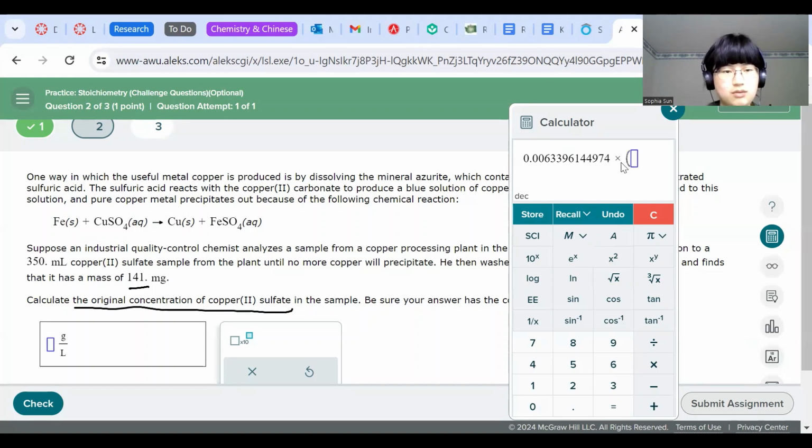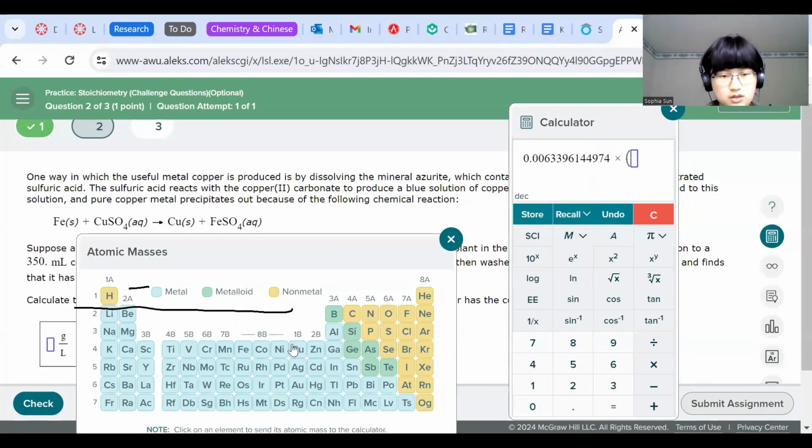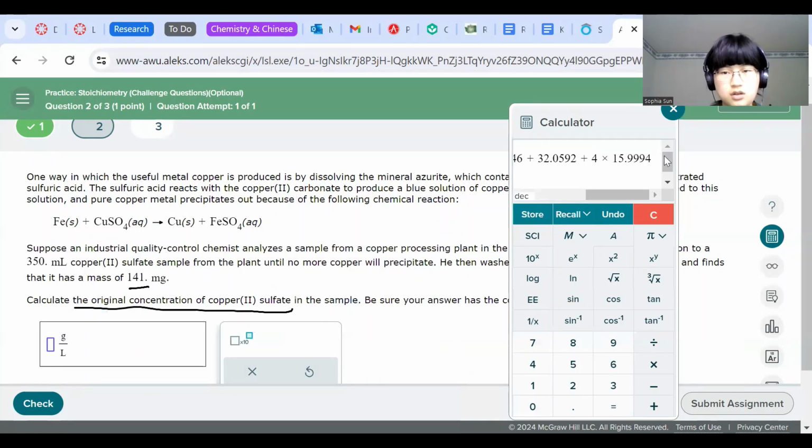But since we do have to multiply by the molar mass of copper sulfate, it's going to be different. You set it up in such a way, and here is your concentration, or more so the original concentration of copper sulfate before it was all reacted.